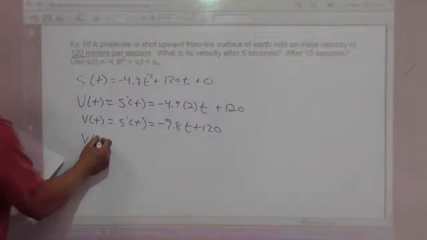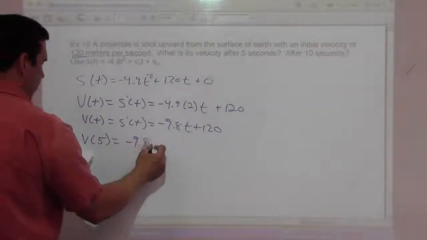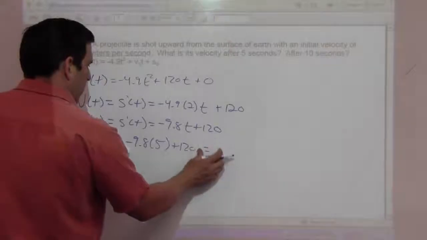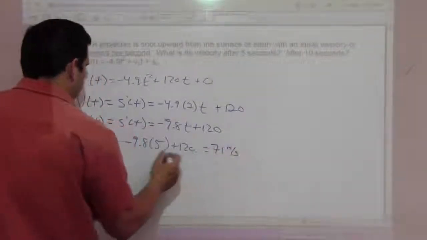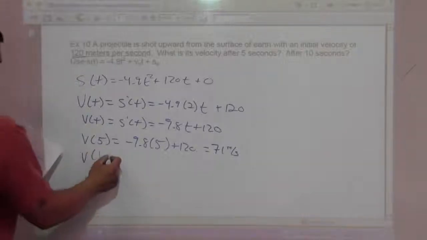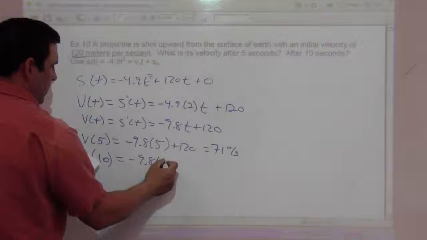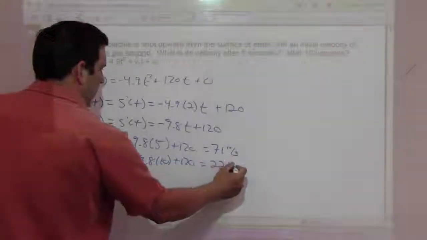So our velocity at time 5 is negative 9.8 times 5 plus 120, and that's going to be 71 meters per second. And the velocity at time 10 is going to be negative 9.8 times 10 plus 120, which is 22 meters per second.